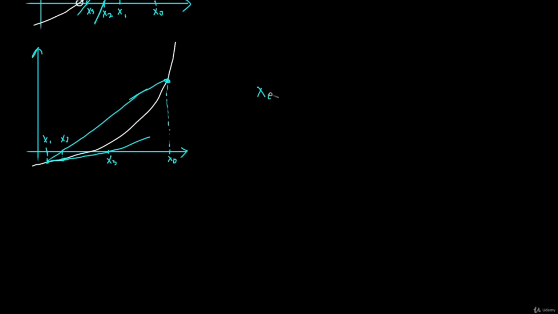So the iteration, the x value at i plus 1 is equal to xi times f of x at i minus 1 minus x at i minus 1 times f of xi, all divided by f of x at i minus 1 minus f of xi.